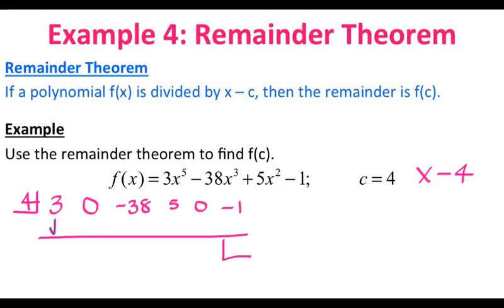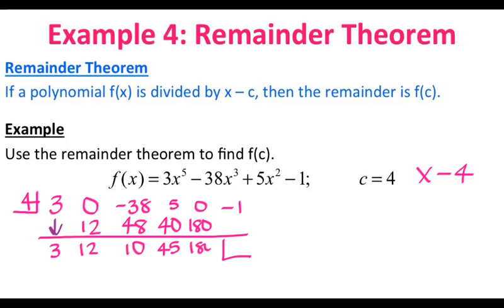So synthetic division: first term goes straight down. 3 times 4 is 12. Combine. 12 times 4 is 48. Combine. 10 times 4 is 40. Combine. 45 times 4 is 180.